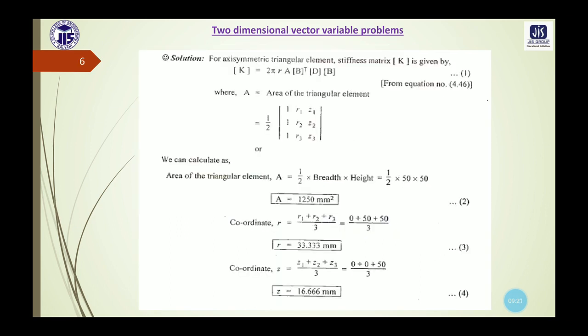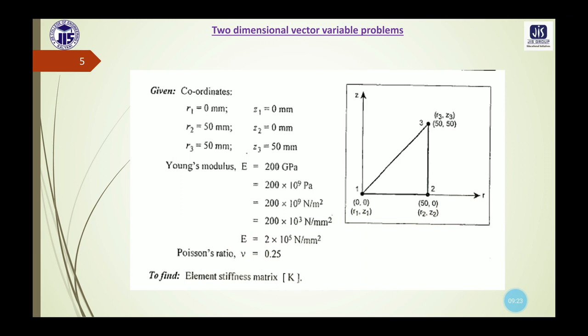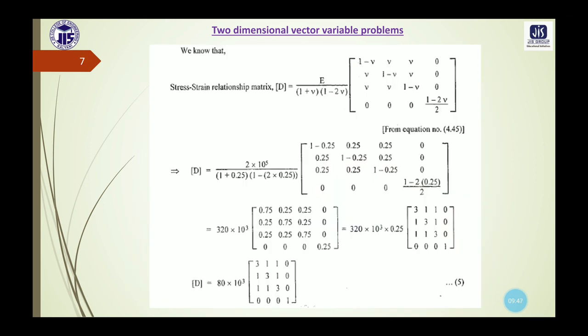Earlier we have seen that the value of Young's modulus was given as 200 GPa, which we have expressed from gigapascal to Newton per millimeter square, and the value of Poisson's ratio is also given as 0.25. Now these values we need to put here.